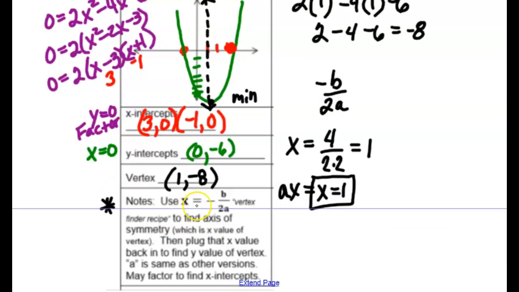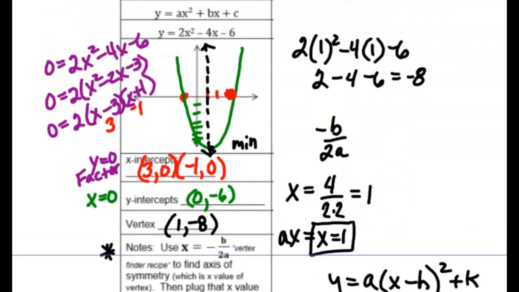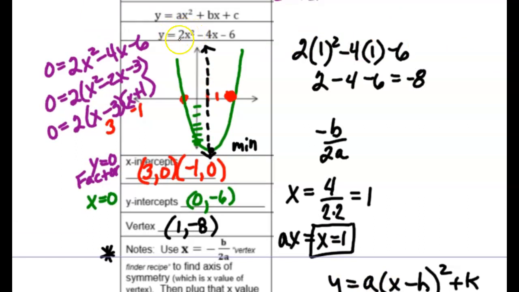Okay, so it says use the vertex finder recipe to find the axis of symmetry, then plug the x back in to find the y value of the vertex. If you had to switch this to vertex form, and we're going to practice this, but this is vertex form, which is the next one on your notes, I think, the a right here stays the same as whatever it was when we started this problem, which was a 2, okay?